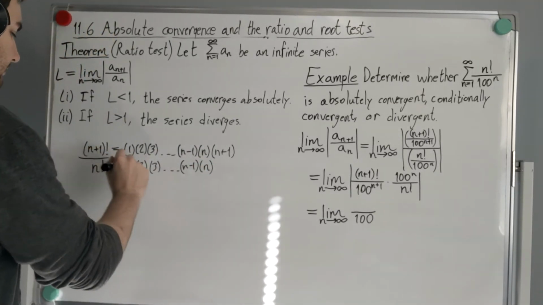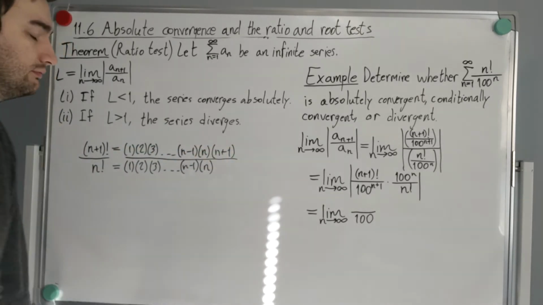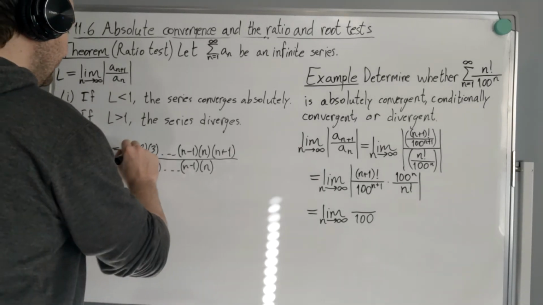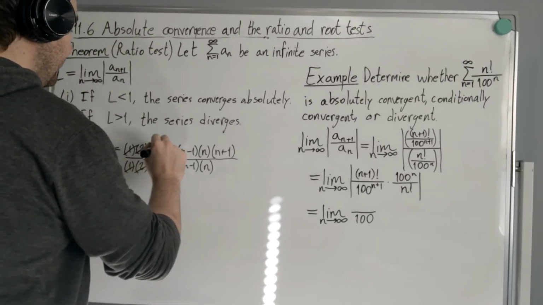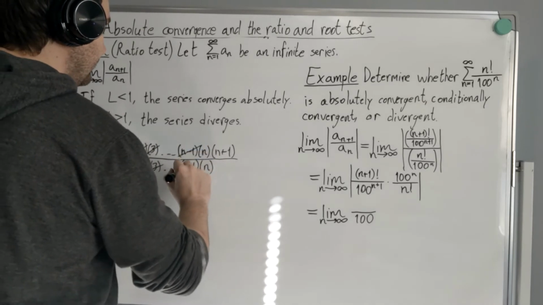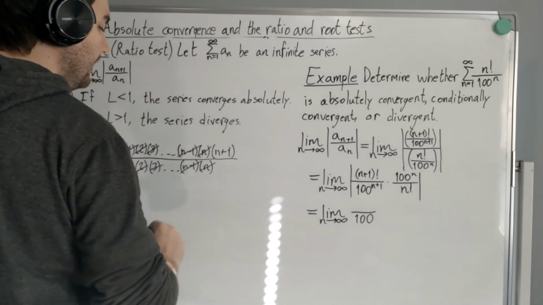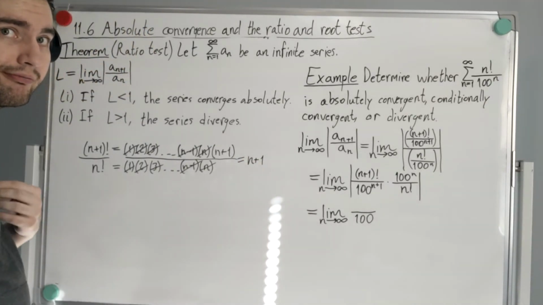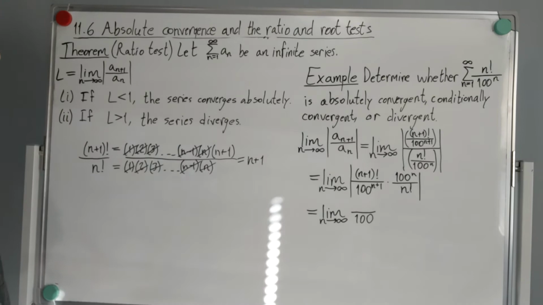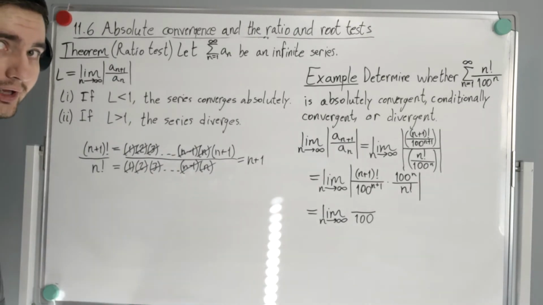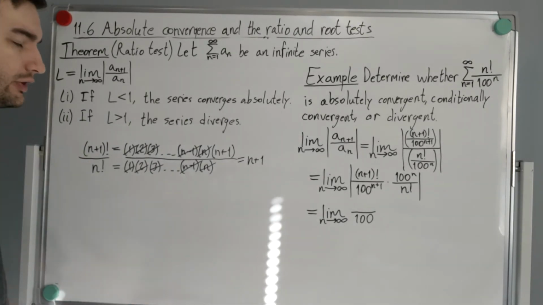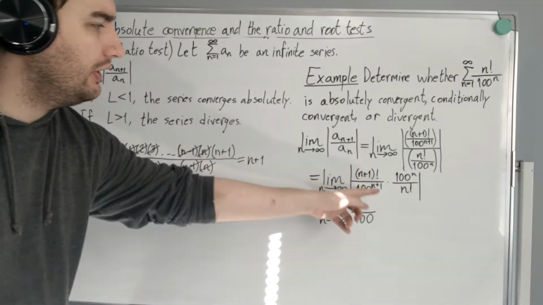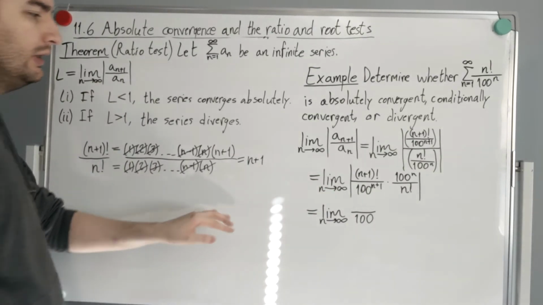And you're dividing these. So now, 1 cancels with 1, 2 cancels with 2, 3 cancels with 3, n minus 1 cancels with n minus 1, n cancels with n, and what you're left with is just n plus 1. Okay? And that's why I said before that the factorial has nice properties in terms of cancellation. So n plus 1 factorial divided by n factorial is just n plus 1.